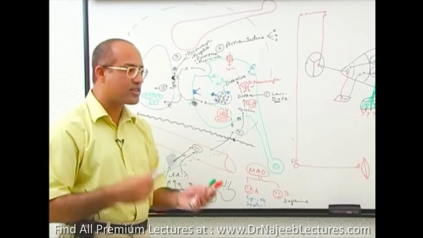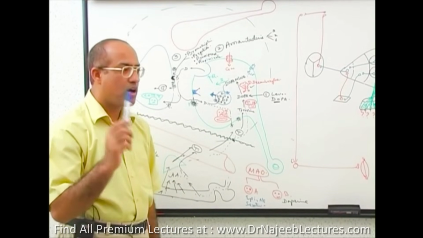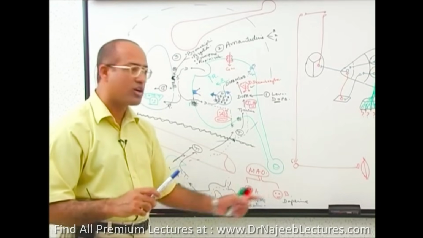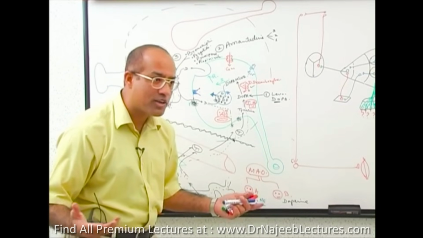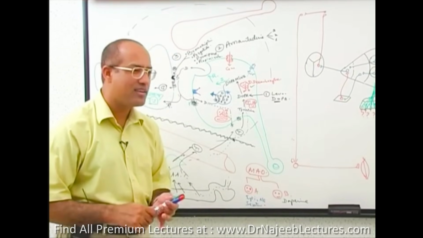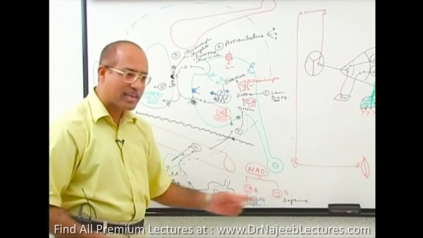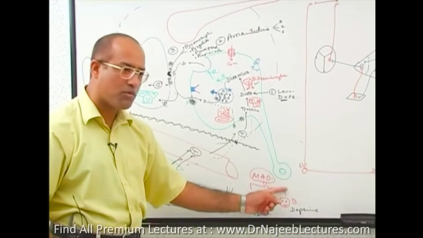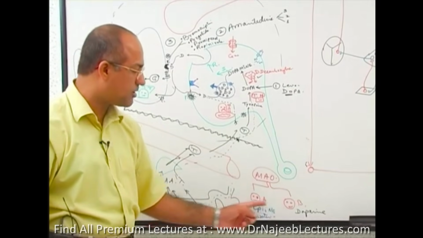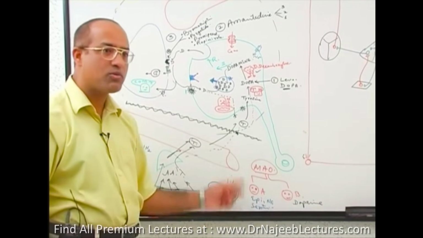Because if by mistake you give a drug which will block monoamine oxidase A and B both, that is called a non-selective monoamine oxidase inhibitor. They're very bad because when a non-selective inhibitor blocks both of them, of course dopamine level will go up, but unfortunately epinephrine, norepinephrine, serotonin levels will also go up.